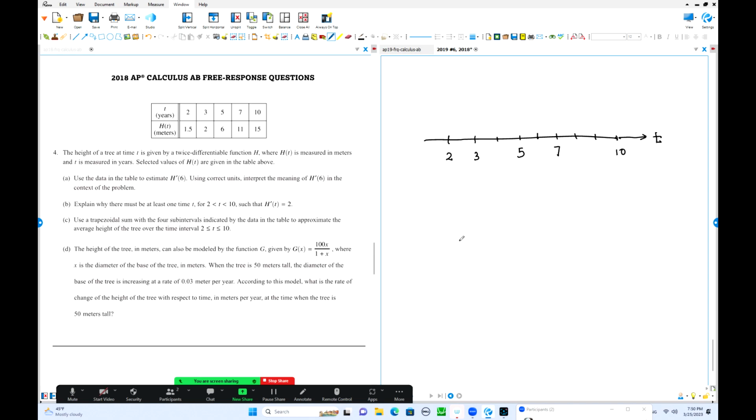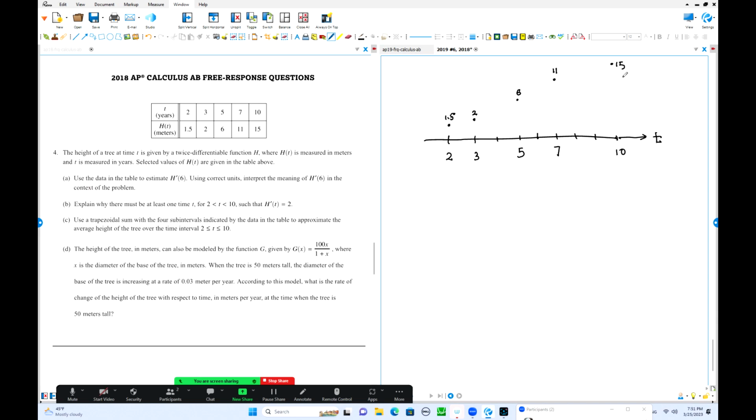When t is 3, the height is 2. When t is 5, it is 6 over here. When t is 7, it is 11. Approximate, okay? We don't have enough time. And when t is 10, it is 15.